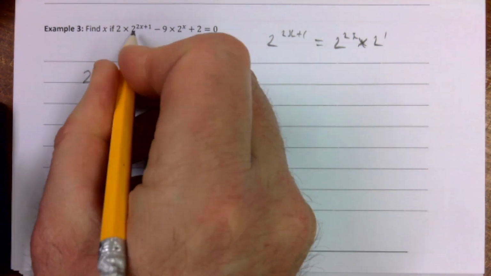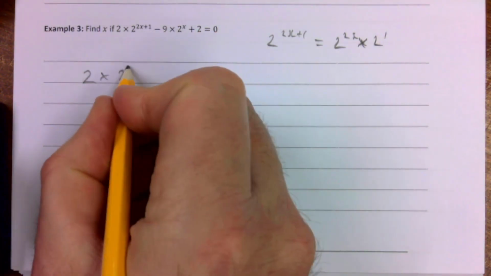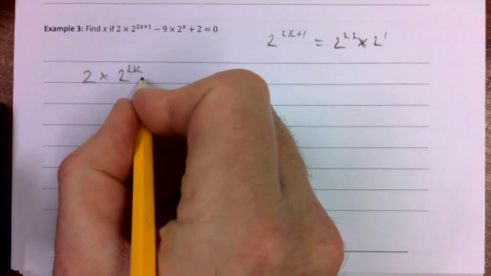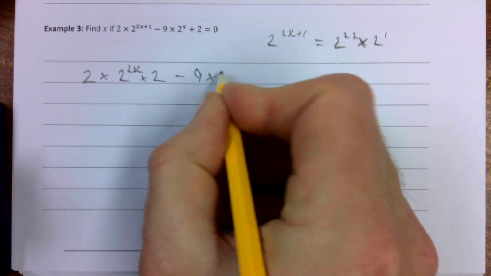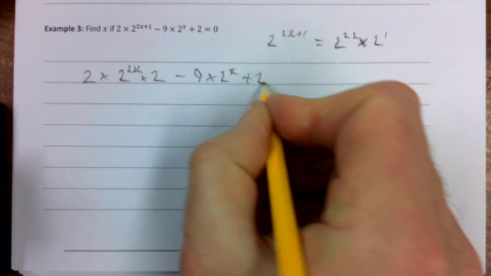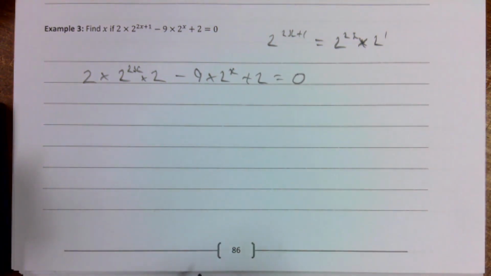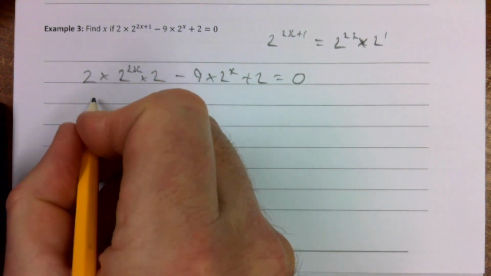2 times, and this is the bit we've changed, 2 to the power of 2x, times 2, minus 9 times 2 to the power of x, plus 2 equals 0. And we have then pretty nearly the same thing as the last example.